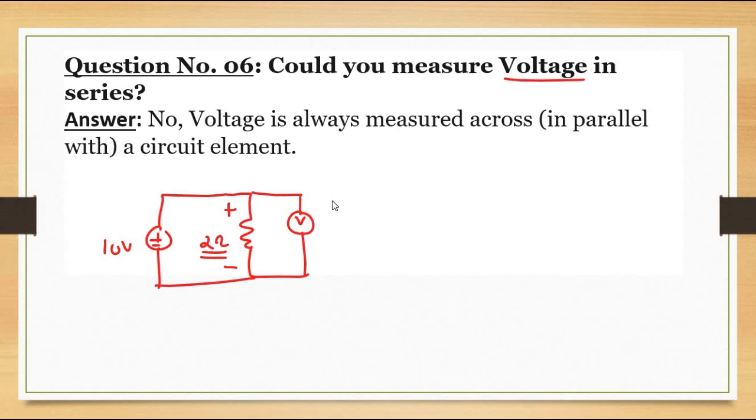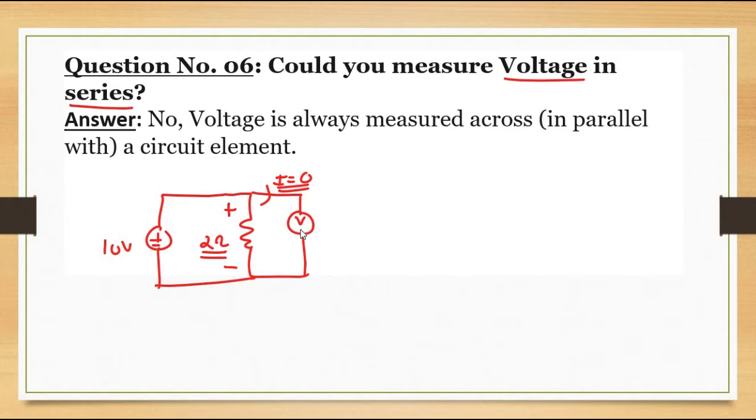So we always measure the voltage across any element by connecting a voltmeter in parallel across that element and not in series. Voltmeters are designed such that their impedance is very large, so that ideally the current flowing in the voltmeter is zero.